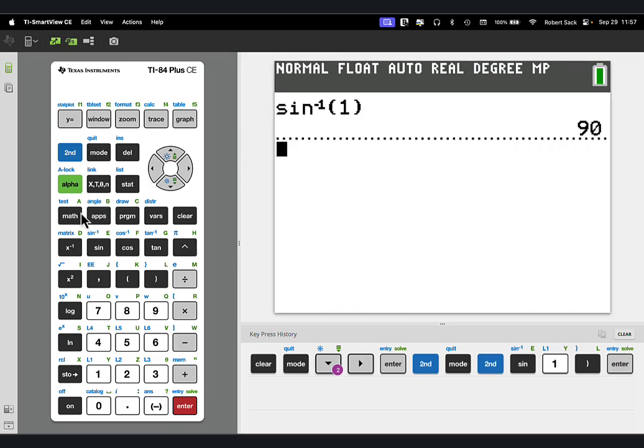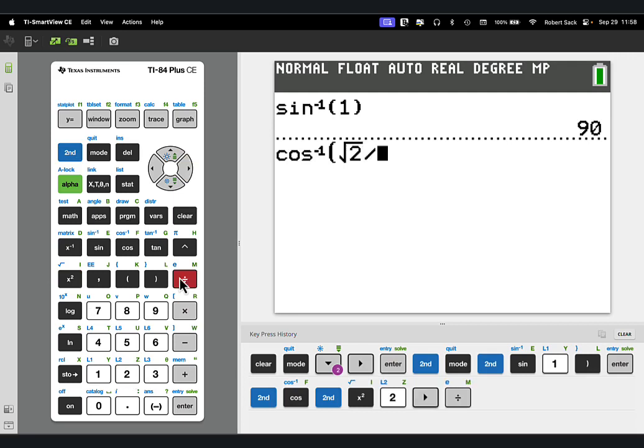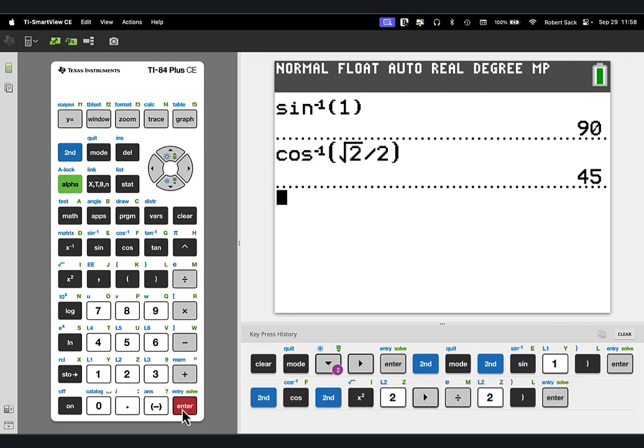I can also do second cosine, and let's go ahead and do the square root of 2 divided by 2 and press enter, and you see that we get 45 degrees. So that's how those functions work. Now just note that the answers you get are in line with the values for an inverse trig function.